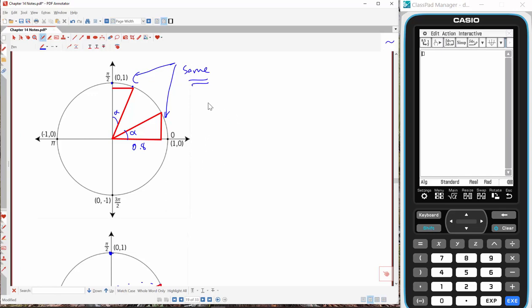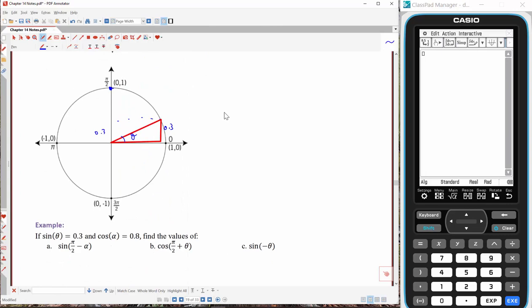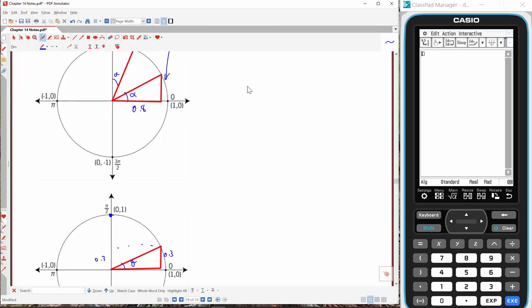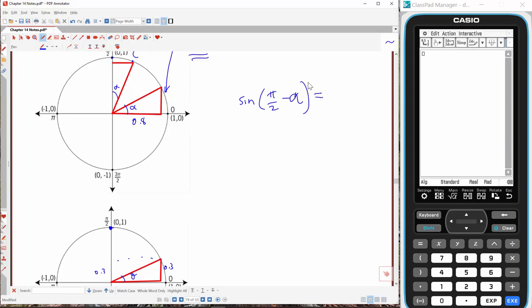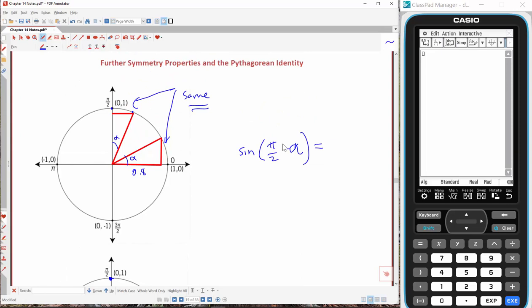And so if I want to get for this first question, sine of pi on 2 take alpha, what I want to get is the sine, which is the y value. So I want to get this distance here.